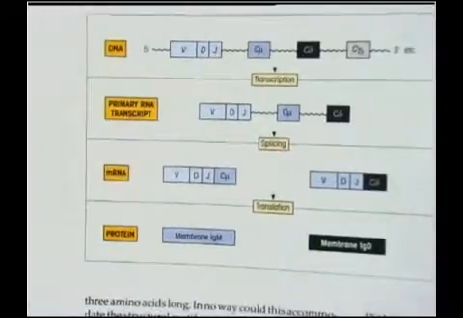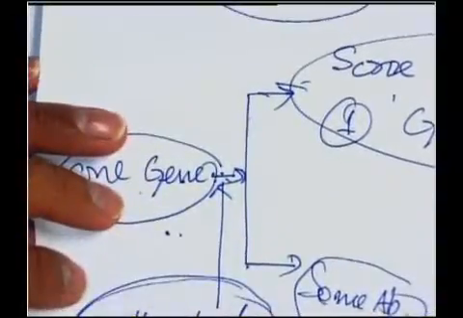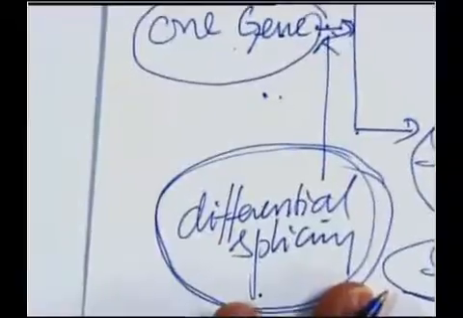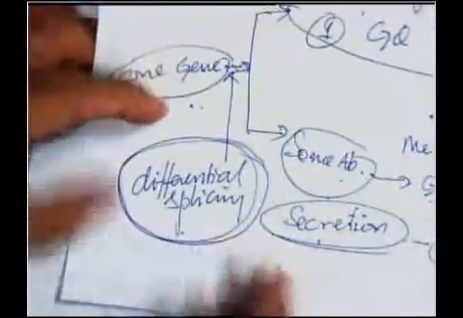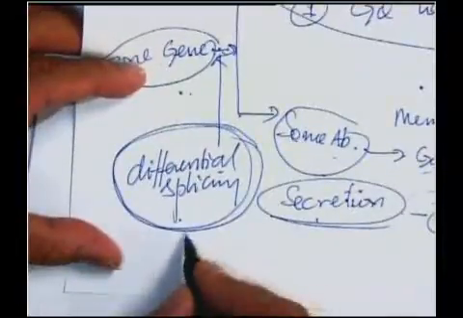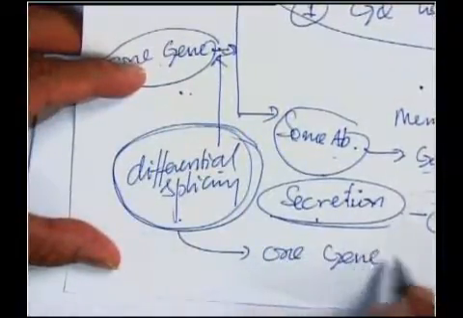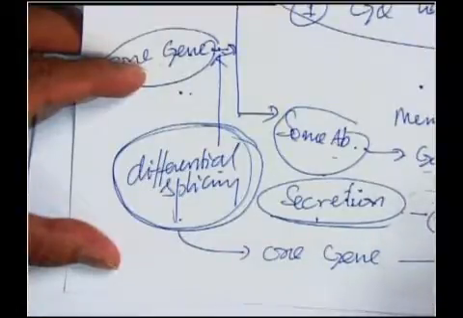So if I ask a question to write a short note on differential splicing, the question is, what is differential splicing? If I ask that question, the answer is one gene, two proteins.